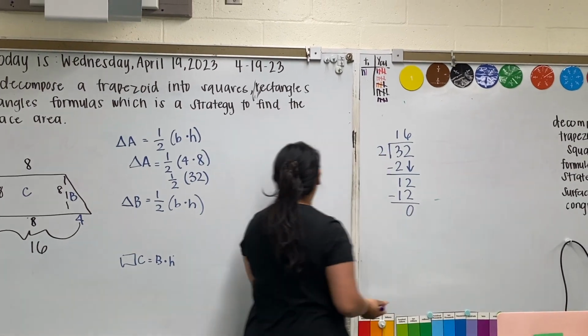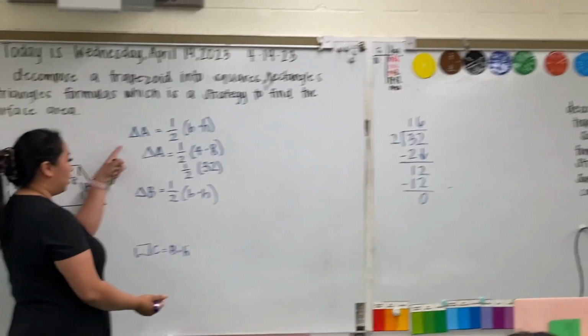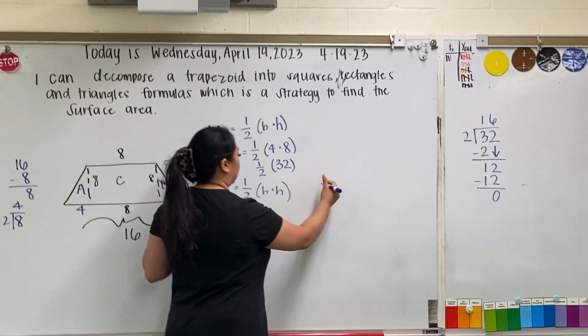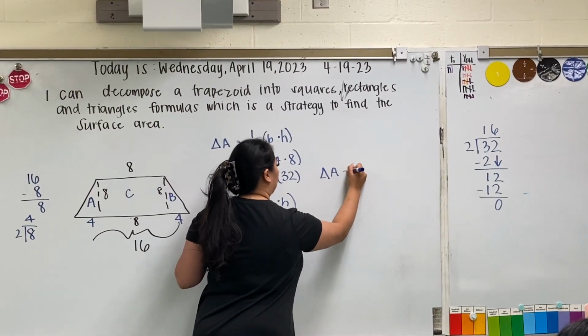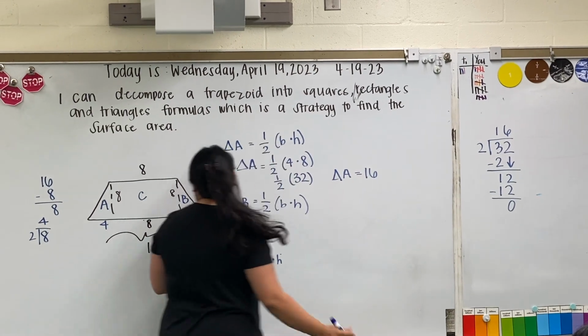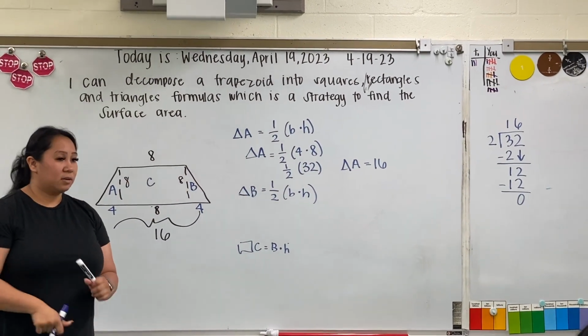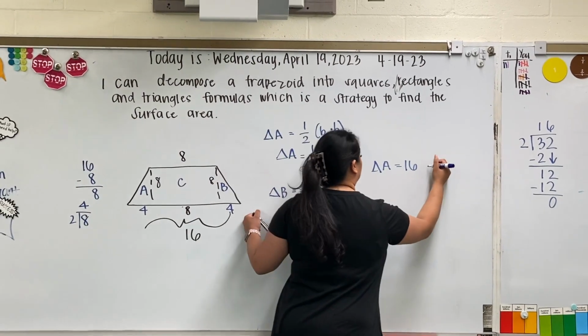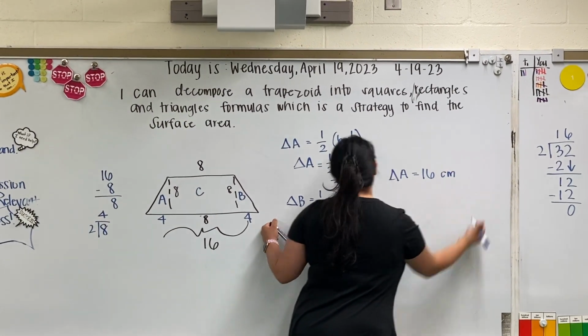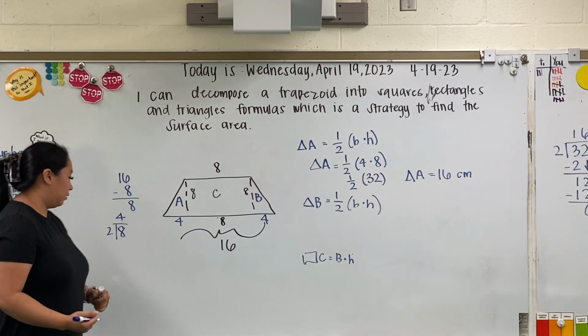Good. Did we get 16? Yes. Okay, so the area of the triangle is 16. Equals 16. Now, are we gonna do squares, centimeters? Centimeters. So if this is gonna be centimeters, what am I missing on my trapezoid? Centimeters. Good.